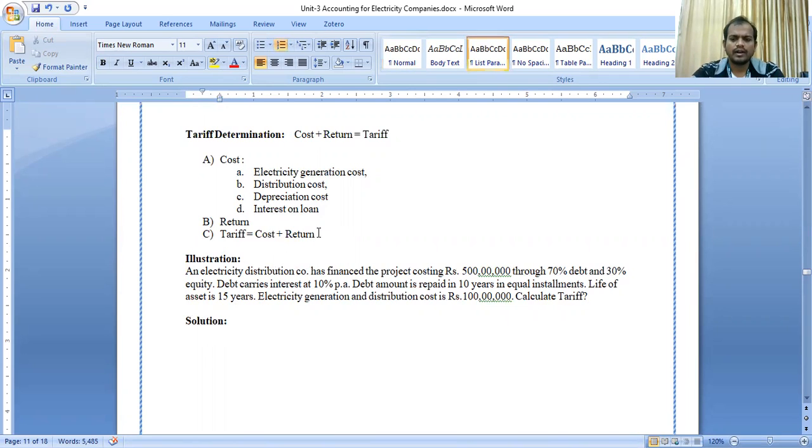So at the time of transmission or distribution of electricity, this tariff will work. Whatever the tariff, it is determined by the commission, state commission or central commission relating to the distributions and transmissions from one state to another state or one location to another location.